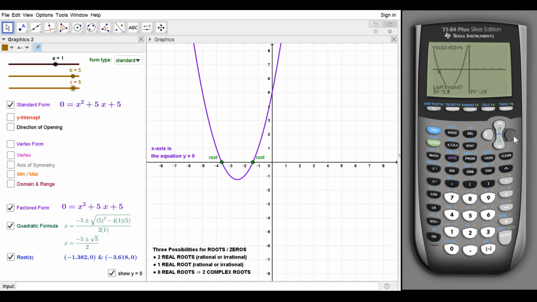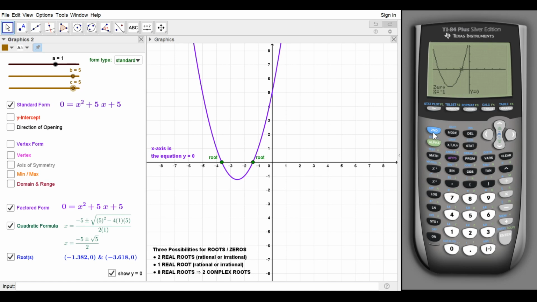I'm going to move a little closer to the second root, which is right there, and hit enter. I'm going to move to the right of the root because, again, the region is only covering 1 root. There really is no reason to guess, so I'm going to hit enter. And this time it came up with the exact coordinates (-1, 0), so one of my roots is at -1.